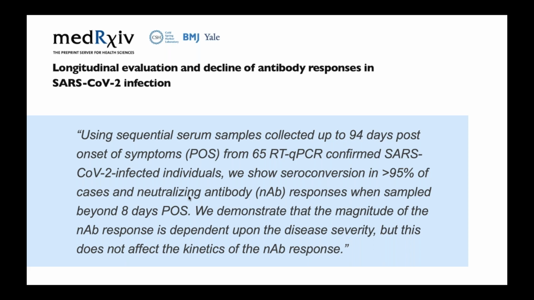It is thought that one of the key aspects of antibody-mediated immunity is the generation of neutralizing antibodies. These are those antibodies that directly bind to the spike protein and prevent the ability of the virus to infect the cell. So that's definitely an important thing to understand.